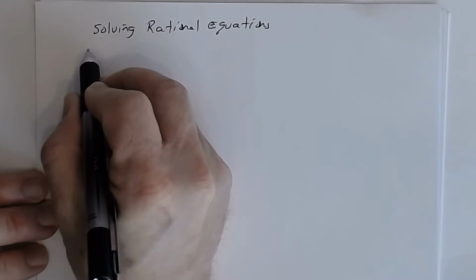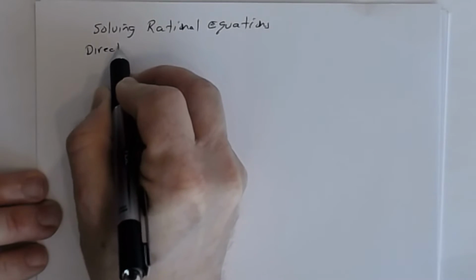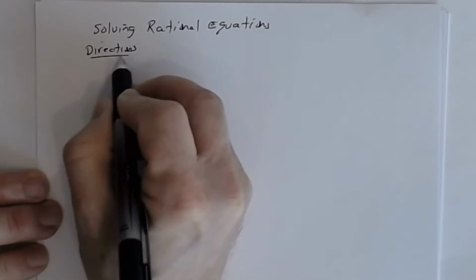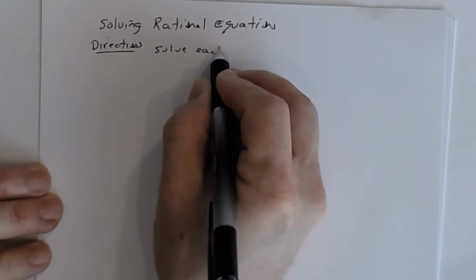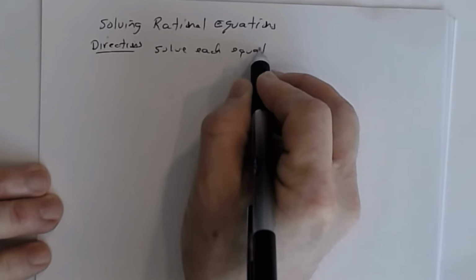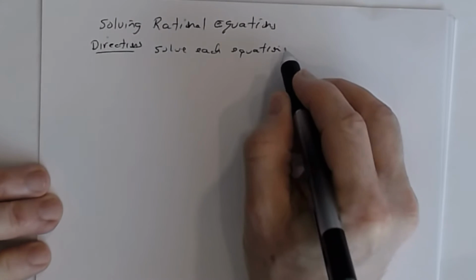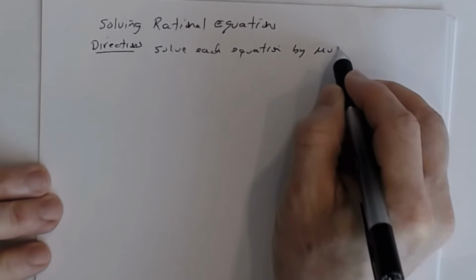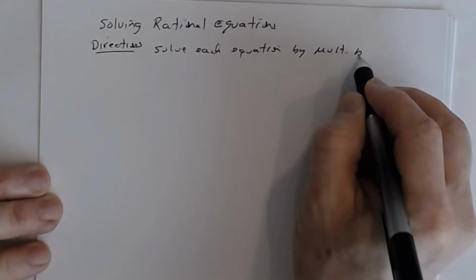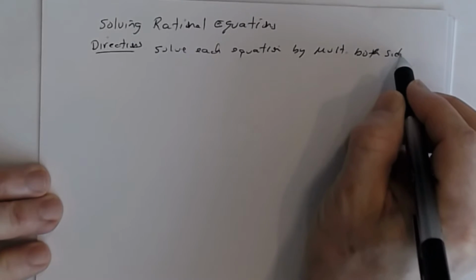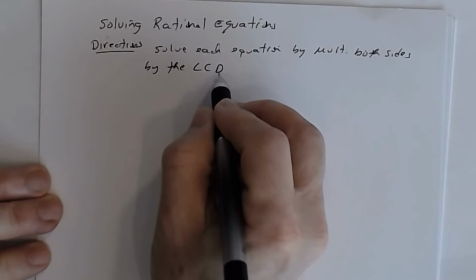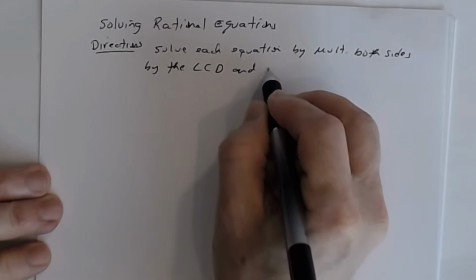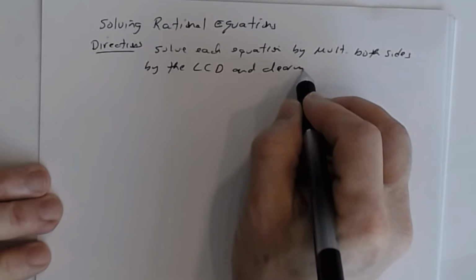So the direction is going to say this. I'm going to tell you now again. The directions will say: solve each equation by multiplying both sides by the least common denominator and clearing the fractions.